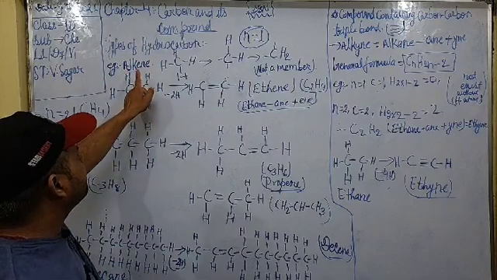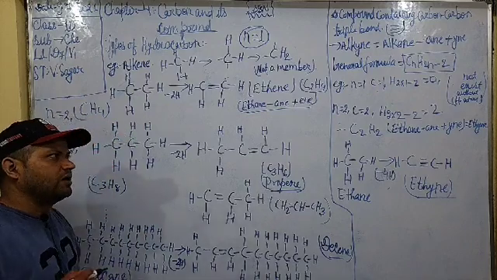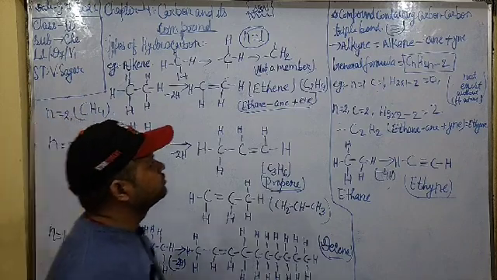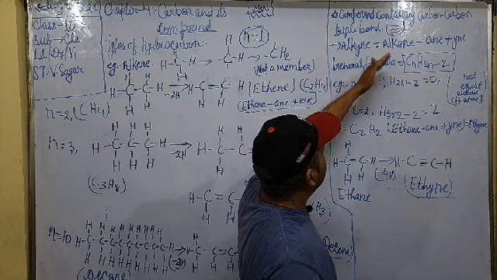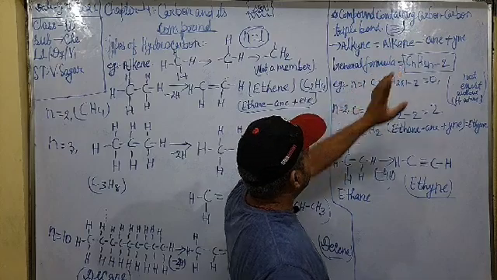The general formula of alkyne is CnH2n-2, a compound containing triple bonded carbon atoms.